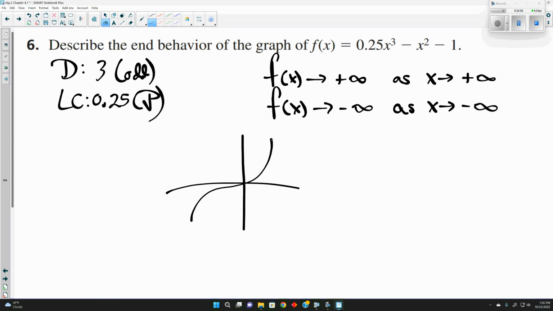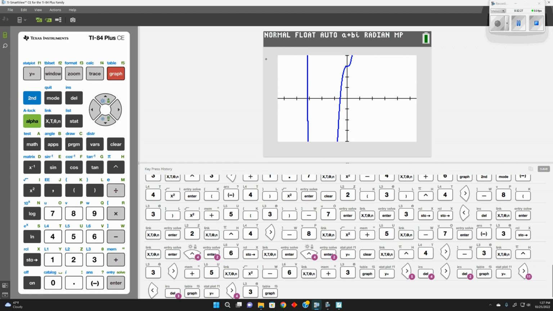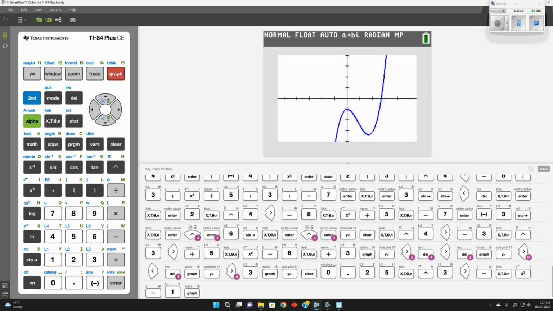Now, I had one of the previous hours ask, can we do these in the graphing calculator? And the answer is yes and no, because the graphing calculator won't give us this. But if I pull the graph up, clear this out, 0.25 x to the third minus x squared minus 1 graph.